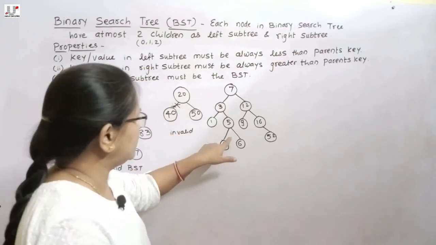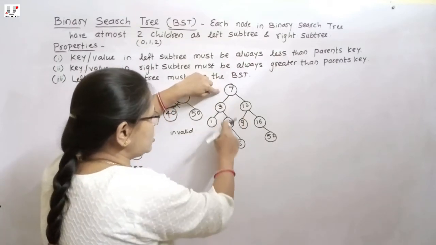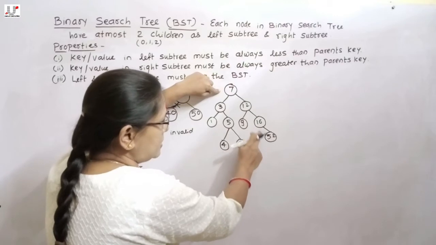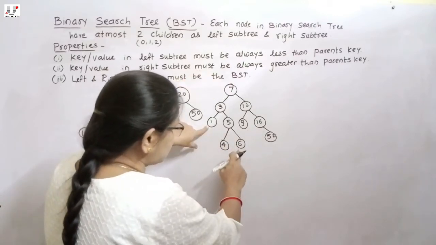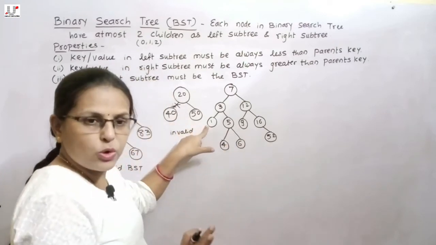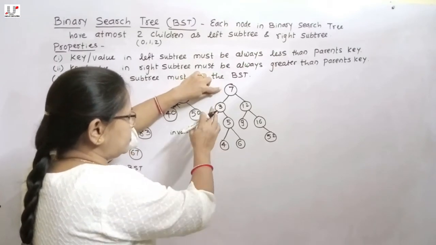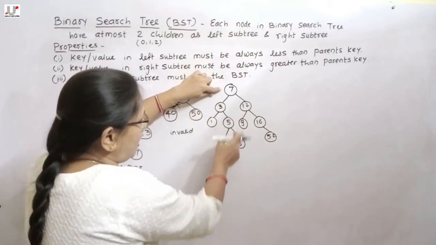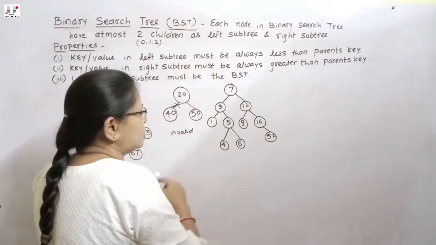Then again check this tree. All the nodes have at most two children, and one node has only one child. Then 1, 4, 6, 9 and 52 don't have any children, meaning 0 children. Now let us check that the values in the left subtree are smaller than the root node.